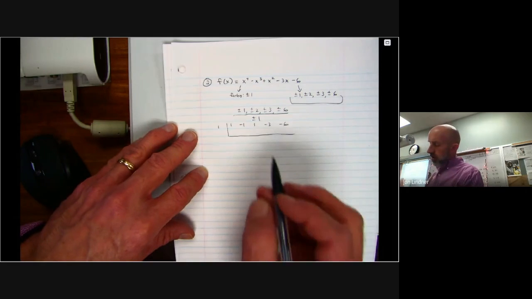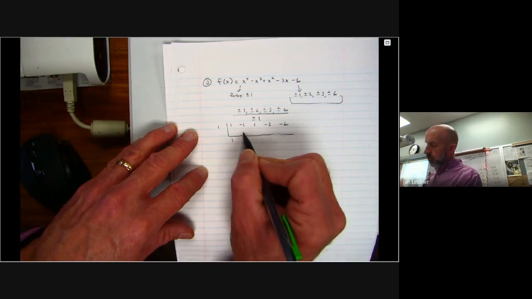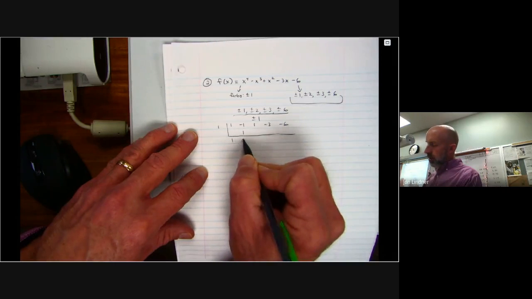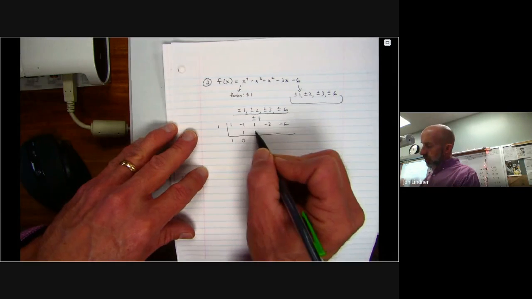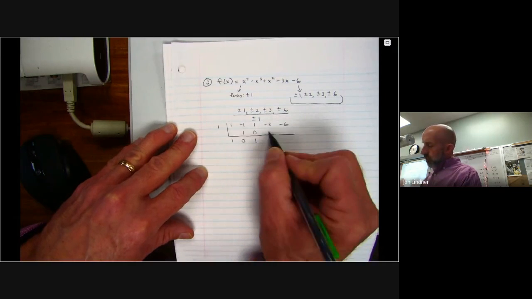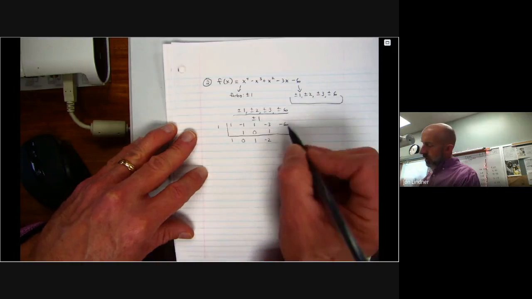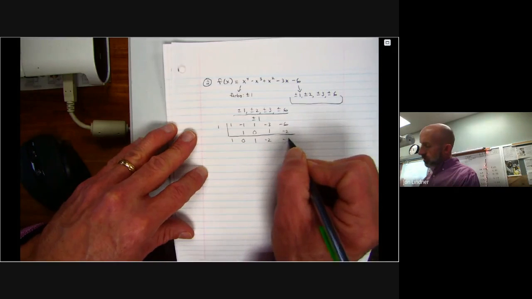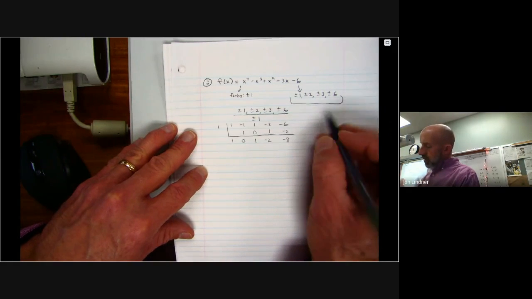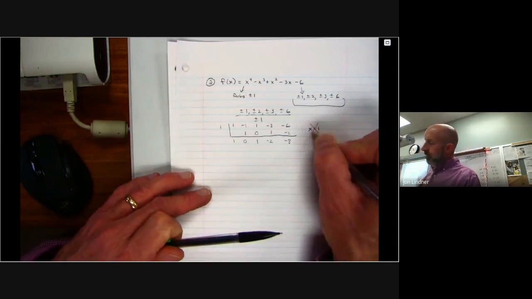So you do your synthetic division, bring down my 1. 1 times 1 is 1. That's 0. 1 times 0 is 0. This is 1. 1 times 1 is 1. This is negative 2. 1 times negative 2 is negative 2. This is negative 8. 1 is not one of the zeros.